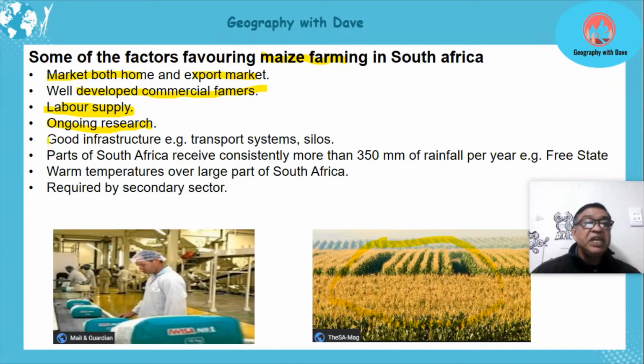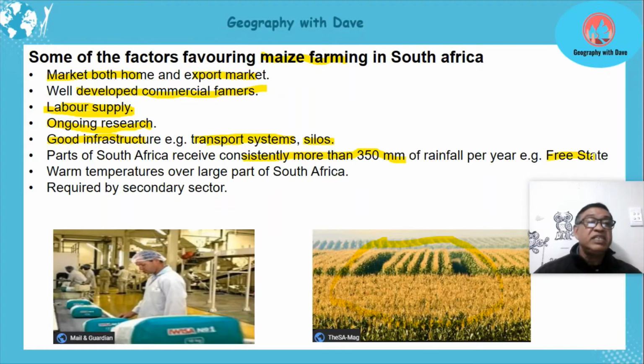And again, good infrastructure in terms of the transport systems, transporting it through the country and wherever it needs to be exported, things like silos to store the grain, the maize, all these things are available. And you see that parts of South Africa receive consistently more than 350 millimeters of rainfall. It must be consistent.